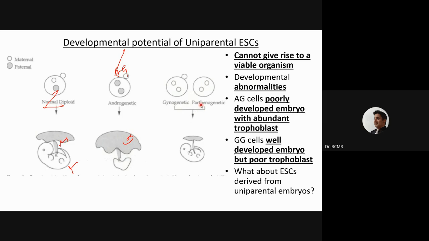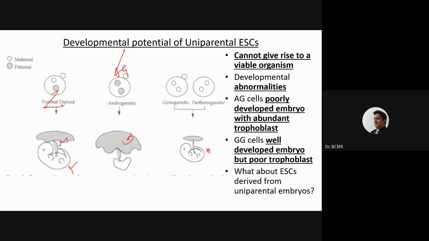If you look at their developmental potential, in the gynogenetic ones the placenta is undergrown, whereas the baby is relatively big. So there are problems. There is a developmental defect in the way these uniparental zygoids actually grow.